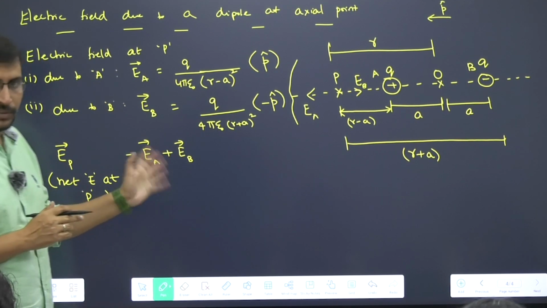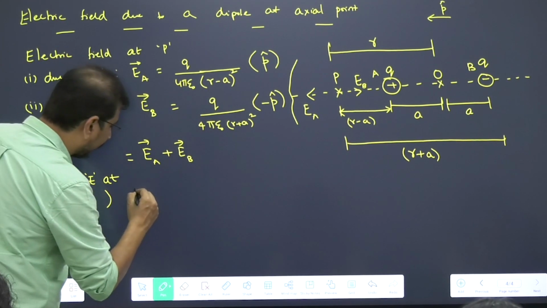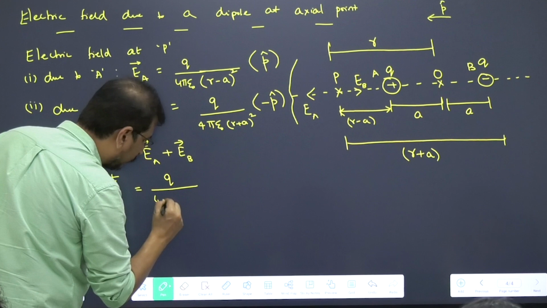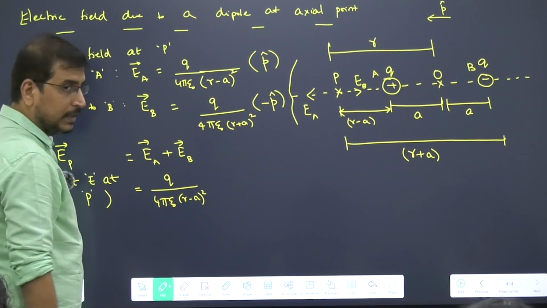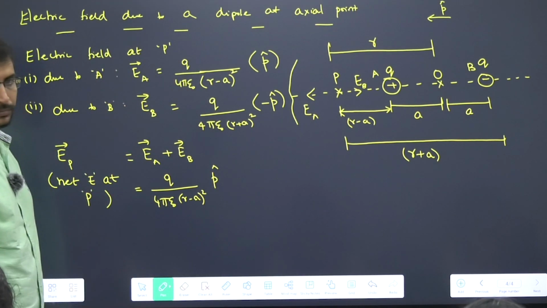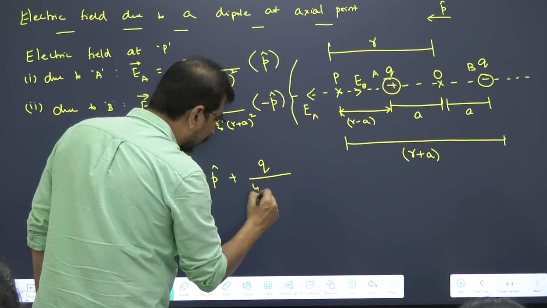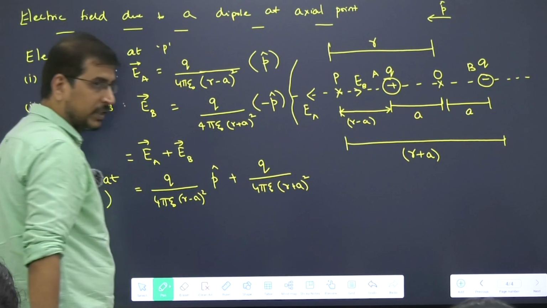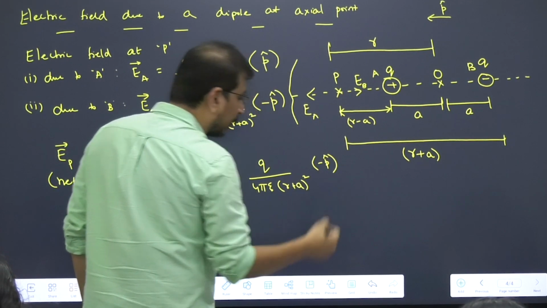This is basically the principle of superposition, right? So what is EA vector? Take this into consideration. Q divided by 4 pi epsilon naught into R minus A the whole square, and don't forget the direction. It is going to be P cap, plus Q divided by 4 pi epsilon naught into R plus A the whole square, which is going to be the direction of minus P cap.